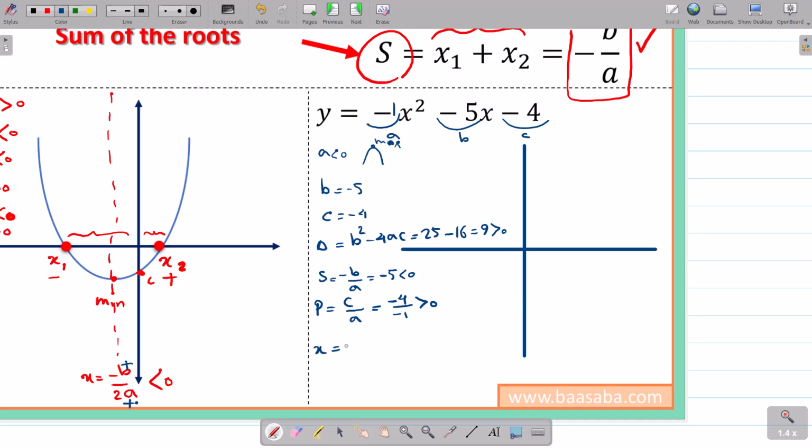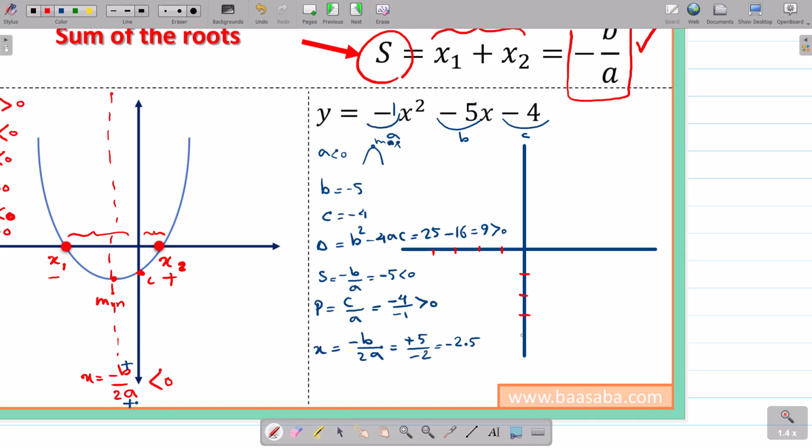And last but not least, let's calculate the equation of the symmetry line. Negative -5, which is +5, over -2, is -2.5.